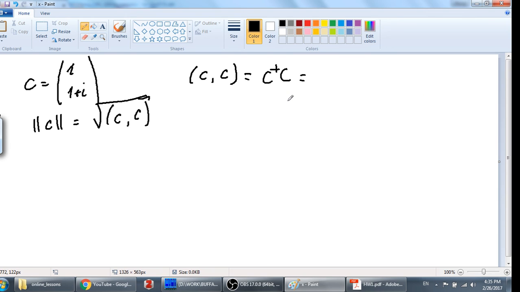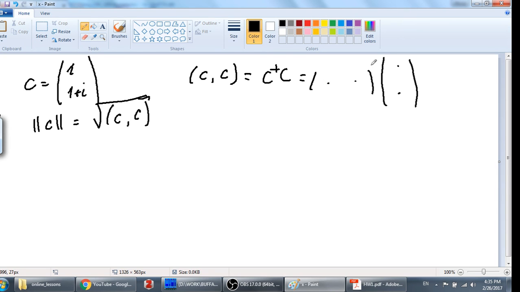By the example we just discussed, when you transpose a matrix or vector 2 by 1, you will get something 1 by 2. Vector C is 2 by 1, so it has this structure.